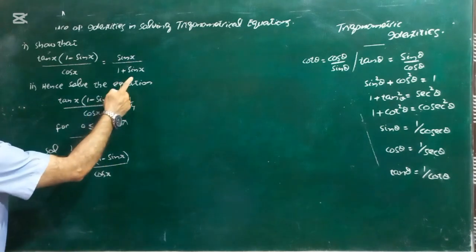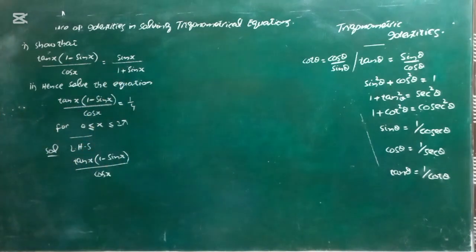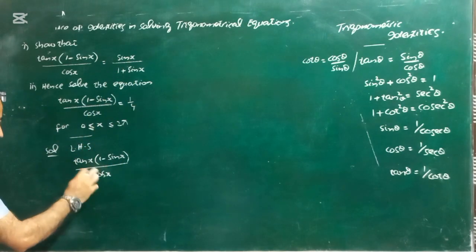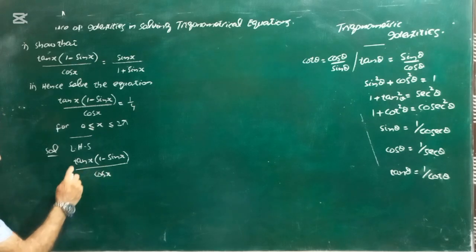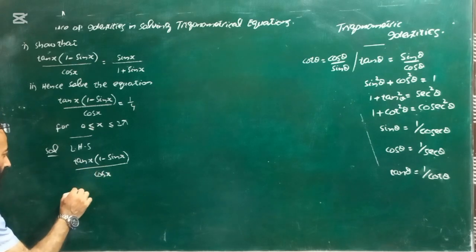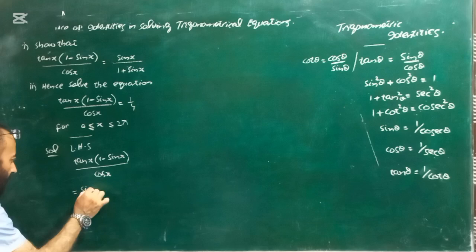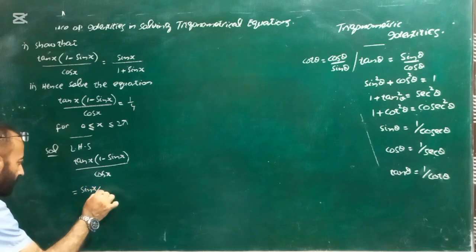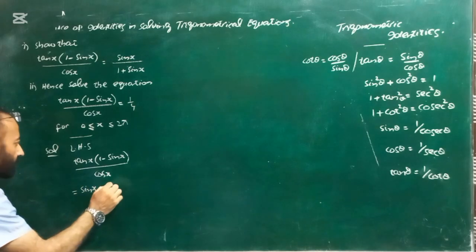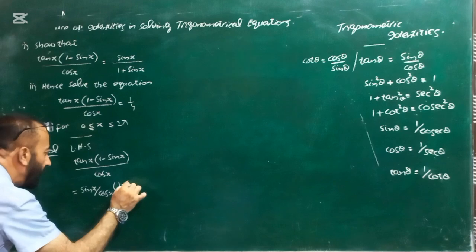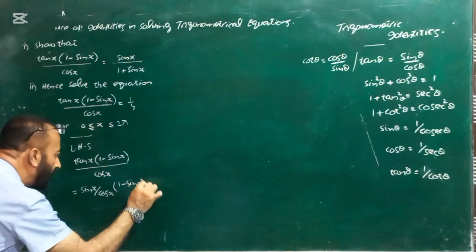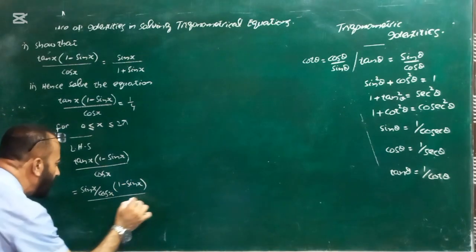So we have to prove it in terms of sine. So first convert all quantities into sine and cos. So tan x will be equal to sin x over cos x into 1 minus sin x is still there, and the denominator is still there.